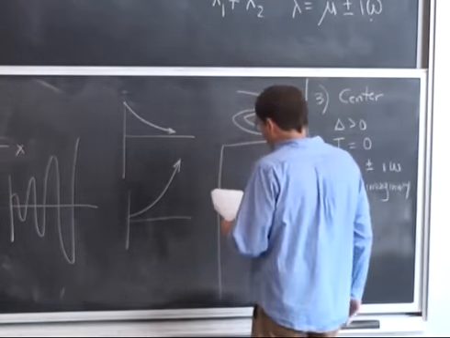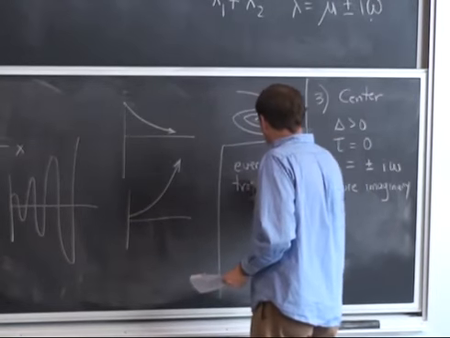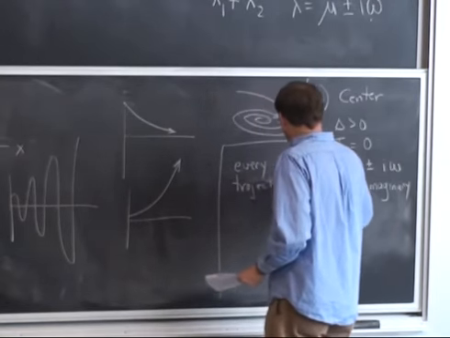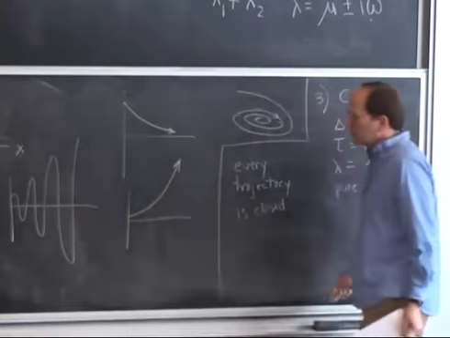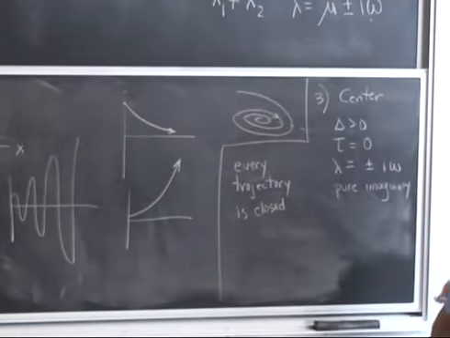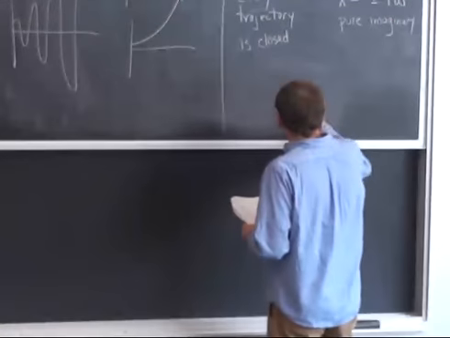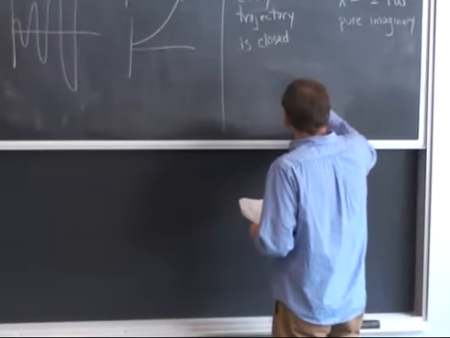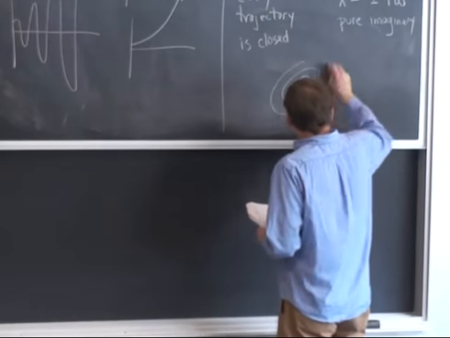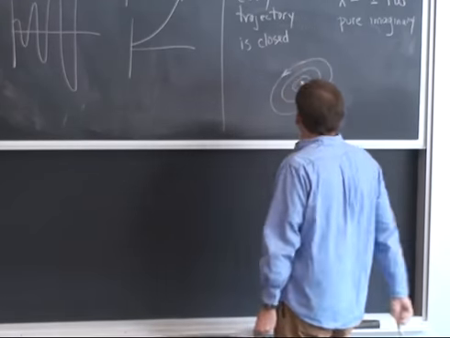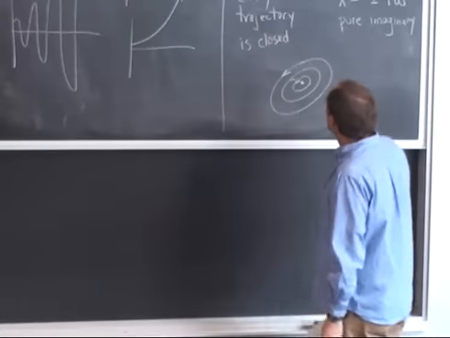And so when you have a center, every trajectory is closed. They're all going to look elliptical. So a typical picture might look sort of like this. And these are all going to be rotating in the same direction.